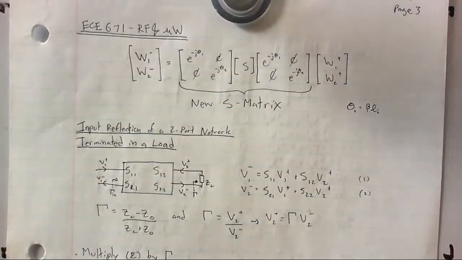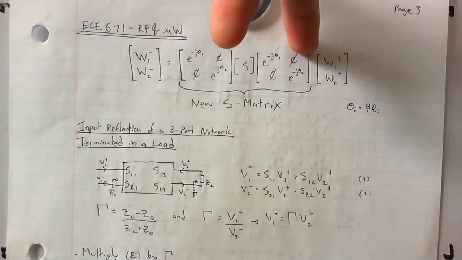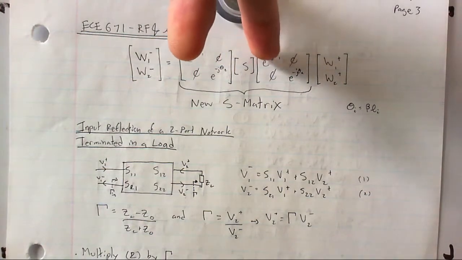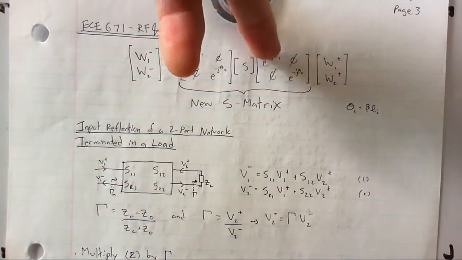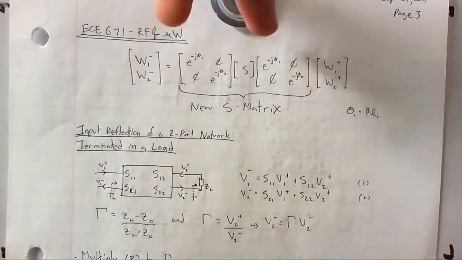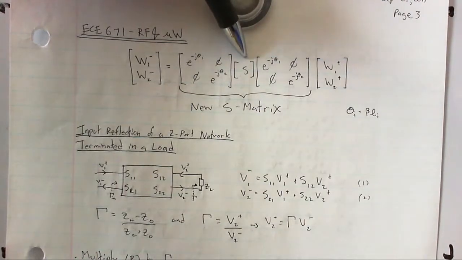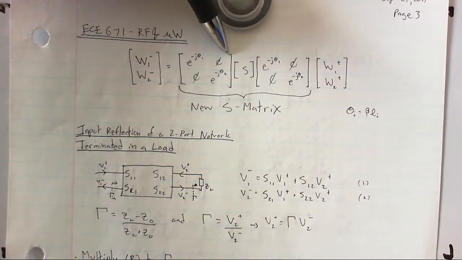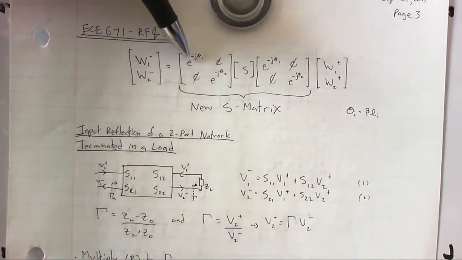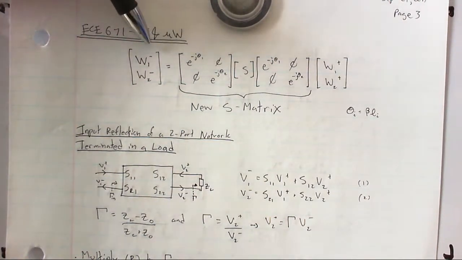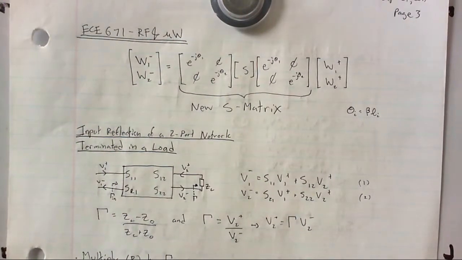So what we're saying is we've got the impact of the transmission line once, then it hits your scattering matrix, which is just the mathematical representation of some two-port network in this case, and then as it travels through your transmission line again, it receives another phase shift, and then we get our resultant measurable W1 minus and W2 minus.